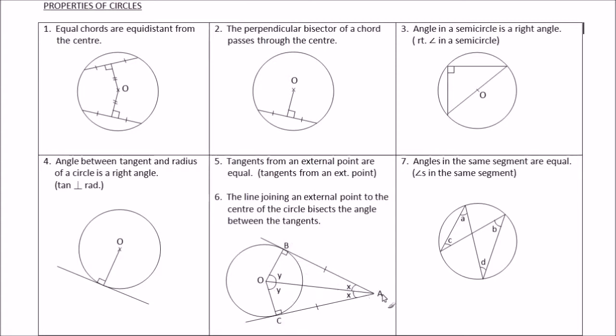The line here, AO, from the external point to the center of the circle bisects this angle BAC. So the angle here and the angle here are equal to each other. Similarly, the angle at the center here, Y, is also equal to the angle Y here.